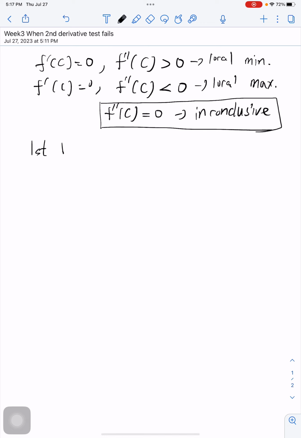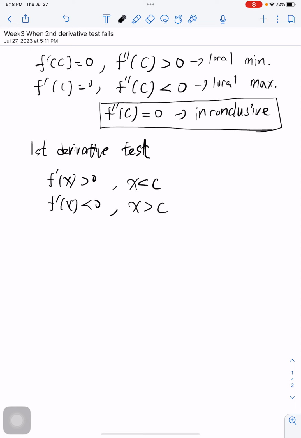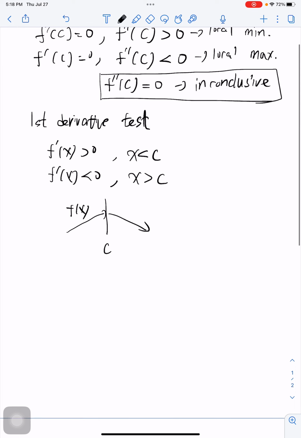So for the first derivative test, if you notice that f prime of x is greater than 0 for x less than c, and f prime of x is less than 0 for x greater than c, it simply means that your function f of x increases and then decreases. So in other words, you have a local maximum at c, right?